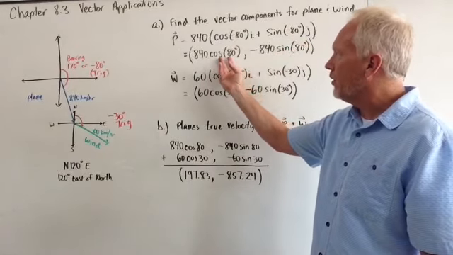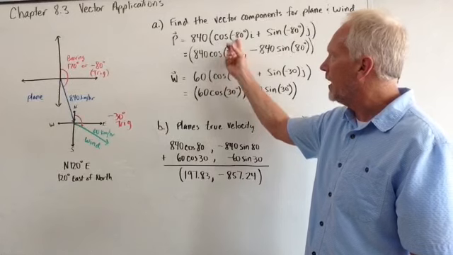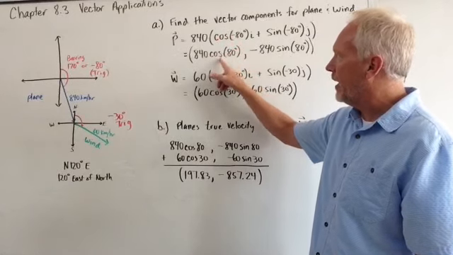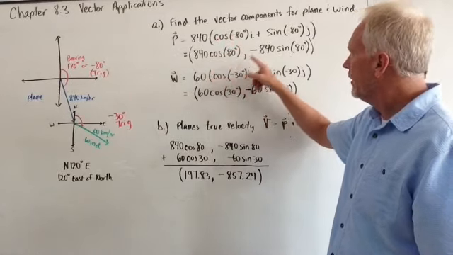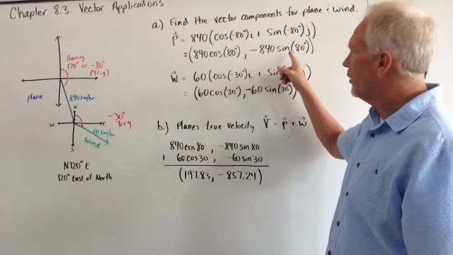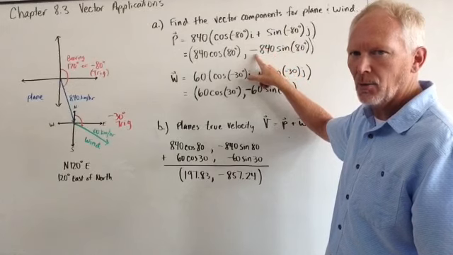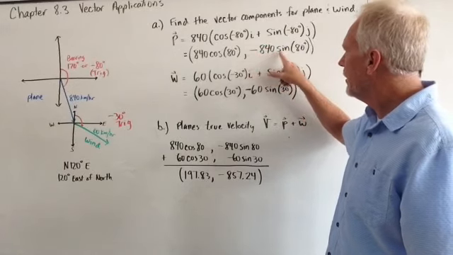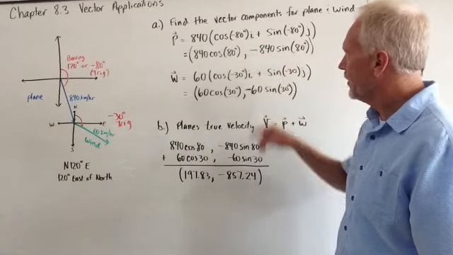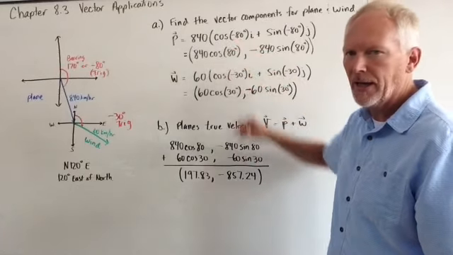Well, cosine's an even function, so it's going to take the negative out, and it would be cosine of 80. Now, sine is an odd function, so it will take the negative and push it to the outside. So that's how we get negative 840 sine of 80 degrees. So those are the component forms for the plane.